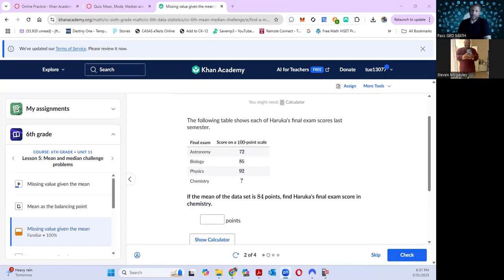If the mean of the data set is 84 points, find Hacker's final exam scores in chemistry.